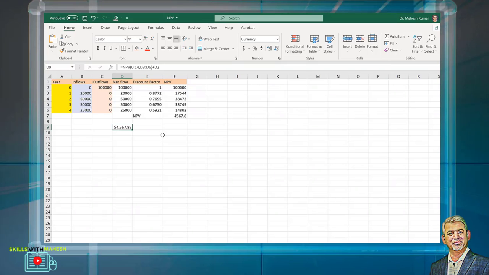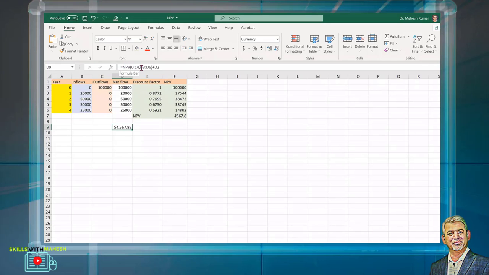So if you paid attention, I have done it 2 ways. One is by using these 2 columns, and actually I can do that without using these 2 columns also, the green ones. I can directly use the NPV formula.